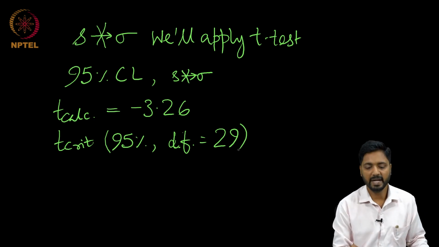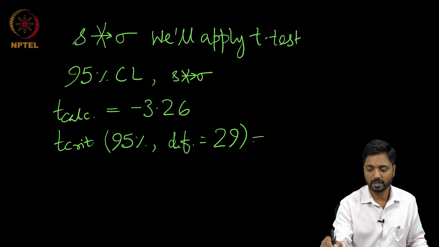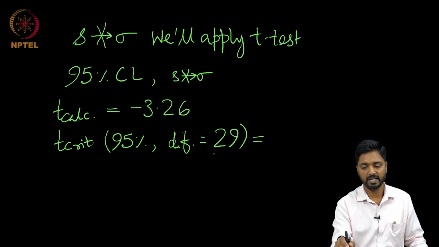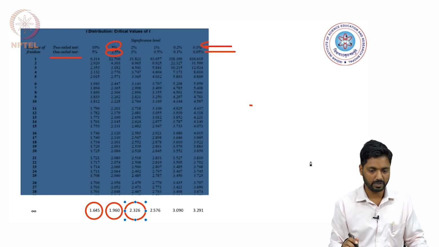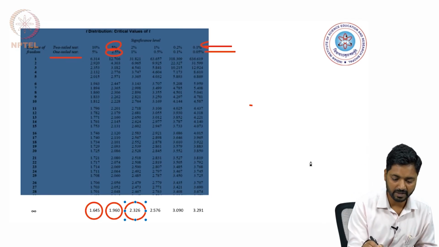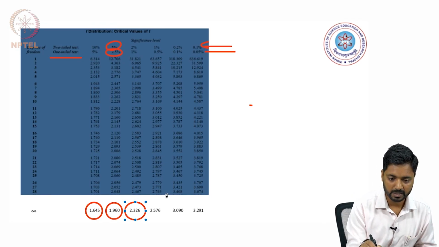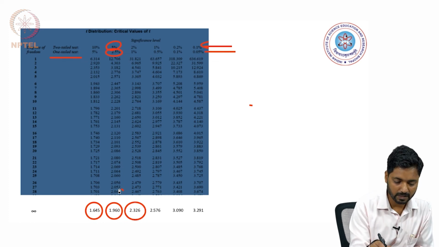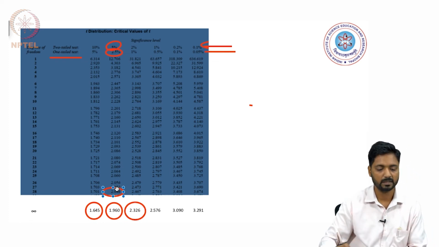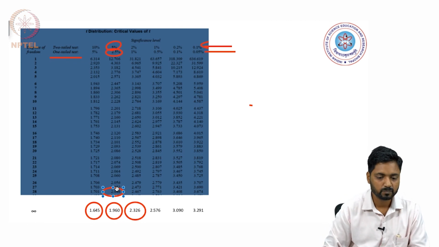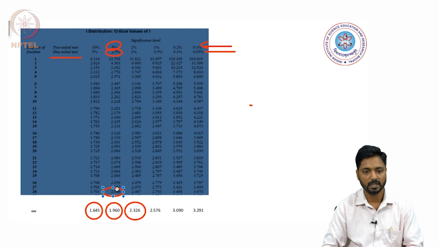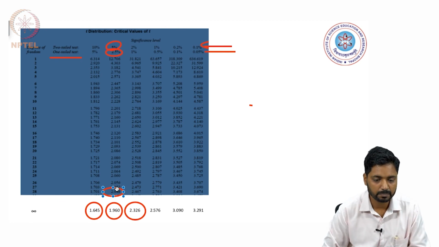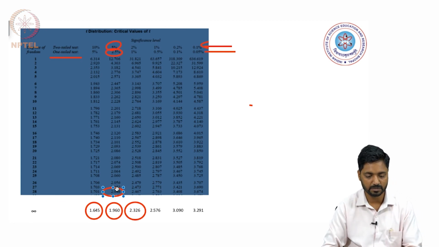So, let us look at the T critical value from the table at 29 degrees of freedom. While we do not have it, what we definitely have is the T value at 95% confidence level and at 28 degrees of freedom.